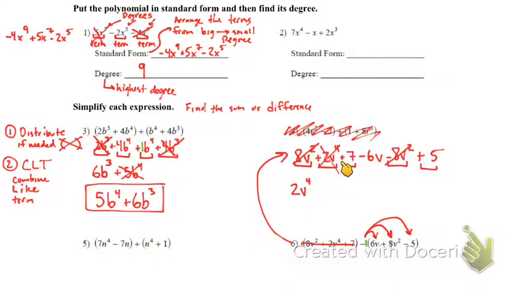So positive 7, positive 5, they are on the same team, so it means their team is going to get bigger, to the number 12. So it's going to be positive 12. Cross them out. We're done with them. And here's the whole reason I cross things out. It's very easy to see that we have just one guy left. There's nothing else to combine them with. We're just going to bring him down.